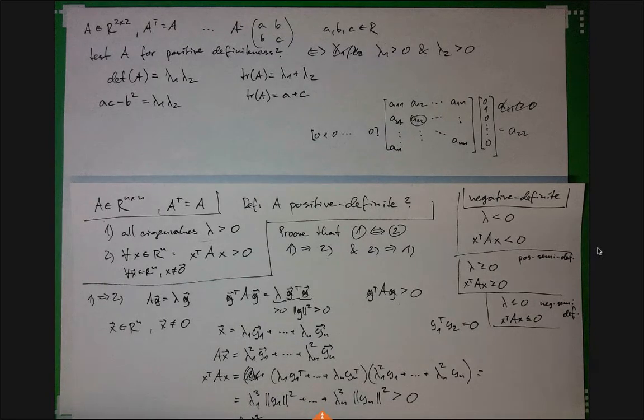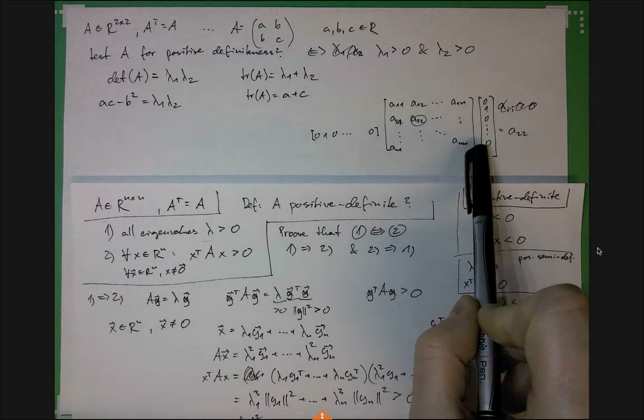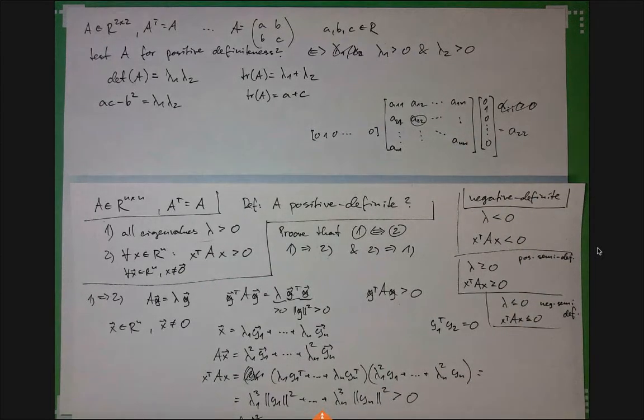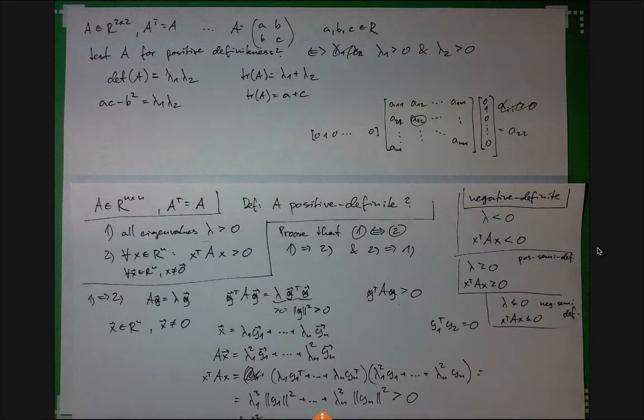Wait, sorry, I think I confused myself and said it in the wrong direction. It's necessary but not sufficient. That means not all matrices that have positive diagonals are positive definite. That's right. It's like part of the truth.